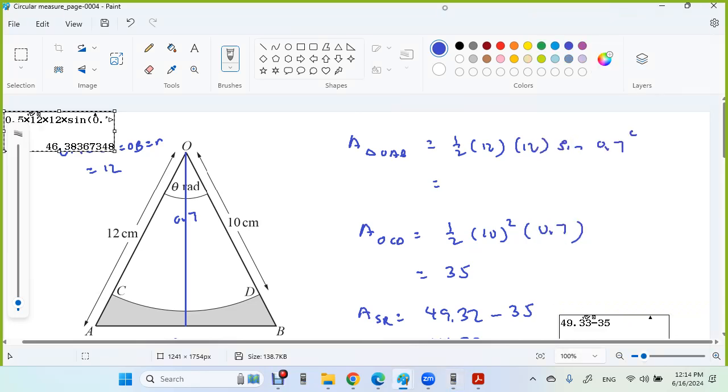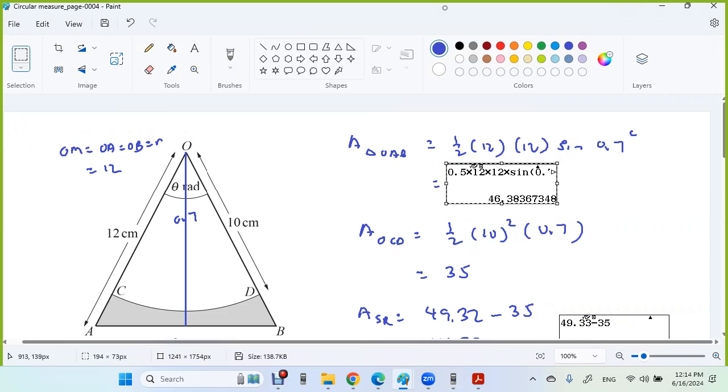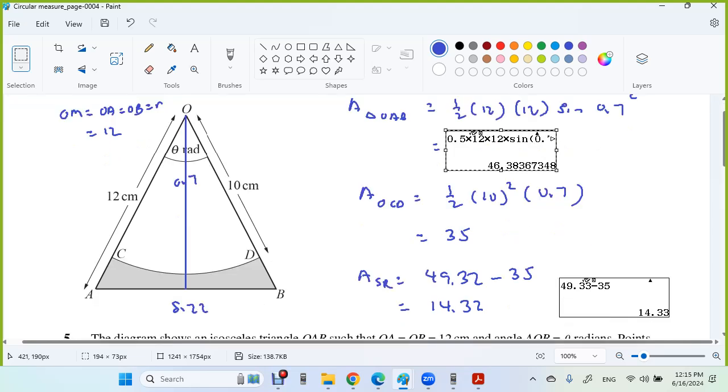So this is 46.38. So something is wrong.